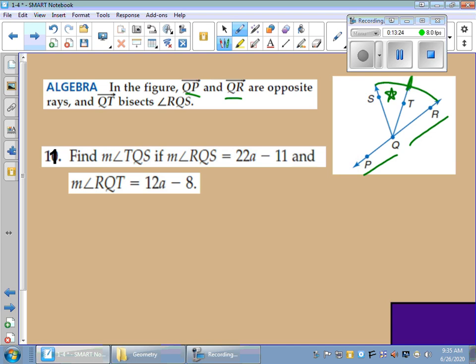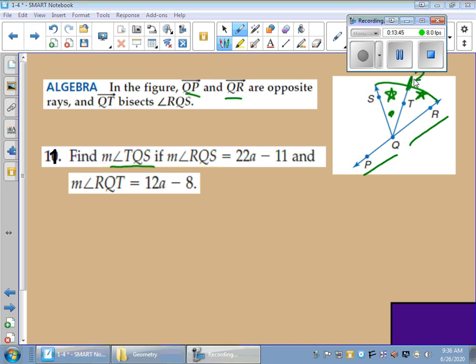Now we know that this equals this. It says find the measure of angle TQS. So this is what we want to find.